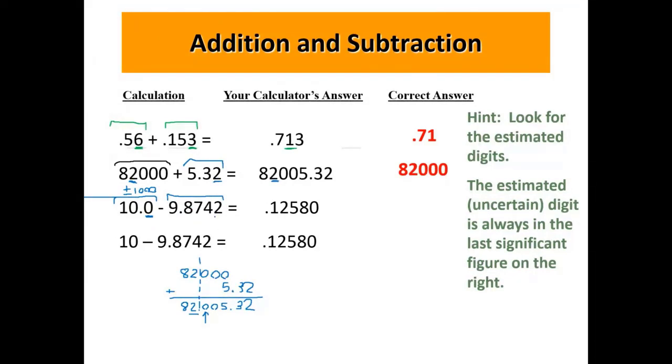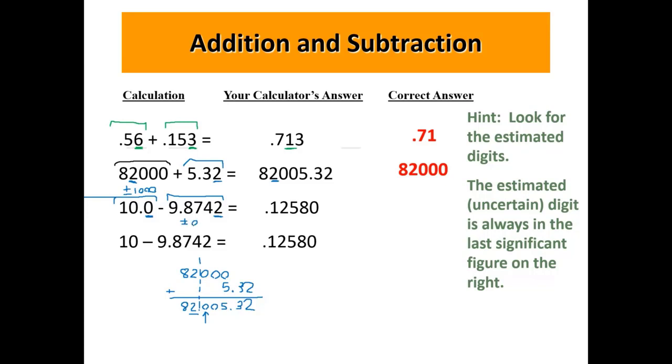The 2. So looking at this, which one has a larger uncertainty? This one has 9.8742. That 2 is in the 10,000ths place.